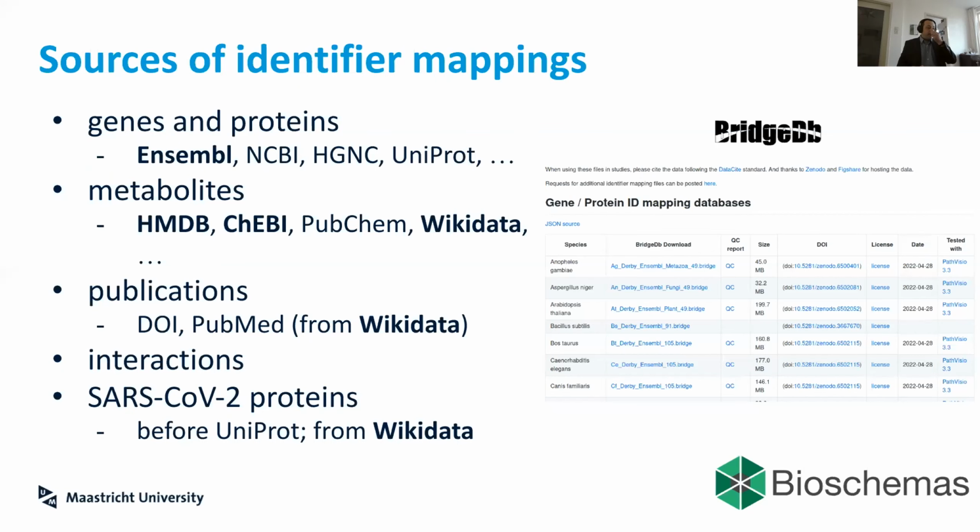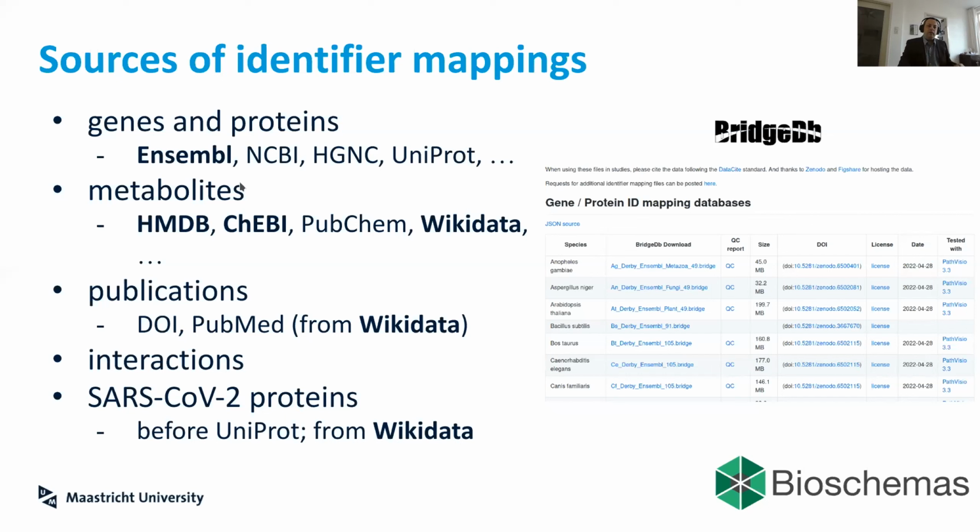Now for BridgeDB, we need the tools to handle the identifiers. We also need the data. And this is where, for example, Wikidata comes in. We have a number of resources that we trust, if we like. We try to verify as much as possible where the databases allow that. But these provide us with identifier mappings that we make available as BridgeDB identifier mapping files, which you can then use in the BridgeDB tools.